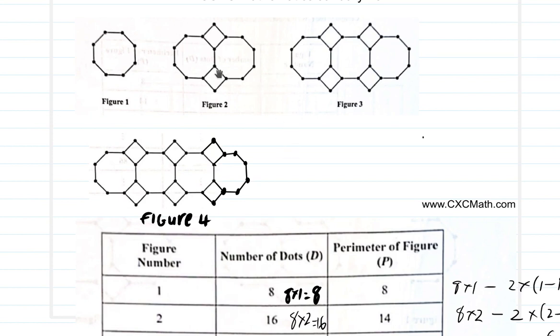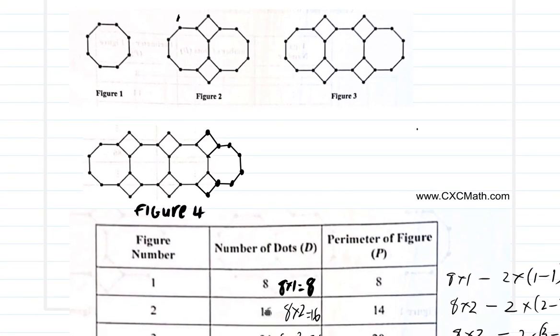So, for figure 2, number of dots, starting from this one. Let's start from this one. This is dot number 1. 1, 2, 3, 4, 5, 6, 7, 8, 9, 10, 11, 12, 13, 14, 15, 16.